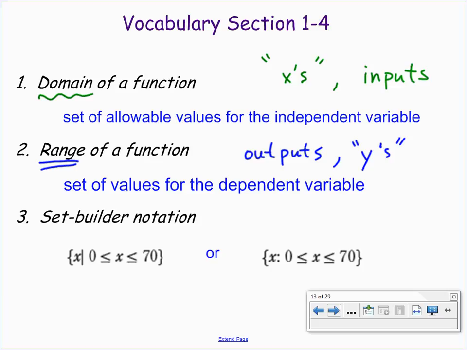I prefer to use the colon, but it's personal preference. The curly brackets are informing the reader that you're going to be talking about a set of values. The inequality symbols mean that we're talking about a range of solution values, an infinite number of solution values. And this could be a one-sided inequality symbol, or it could be bounded, a two-sided inequality symbol, depending upon what range you're trying to describe to the reader.